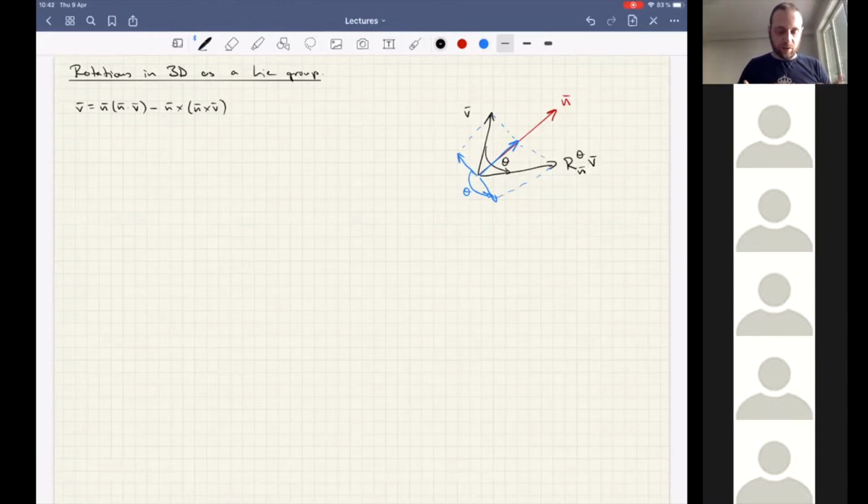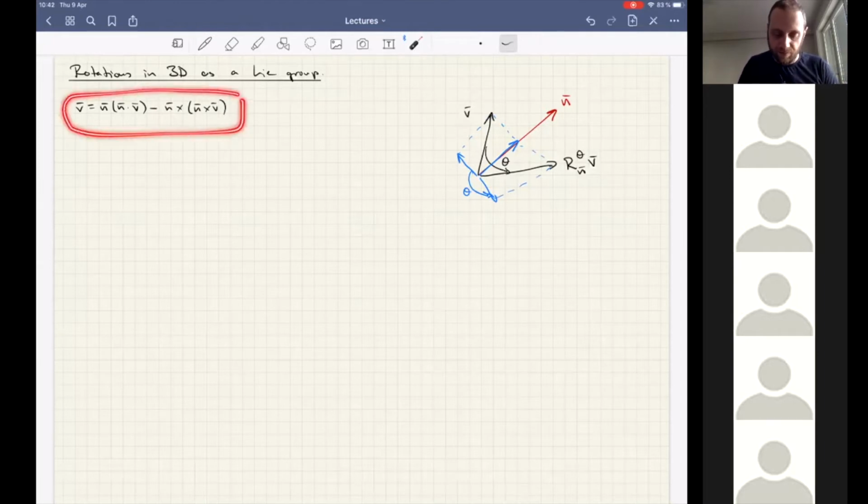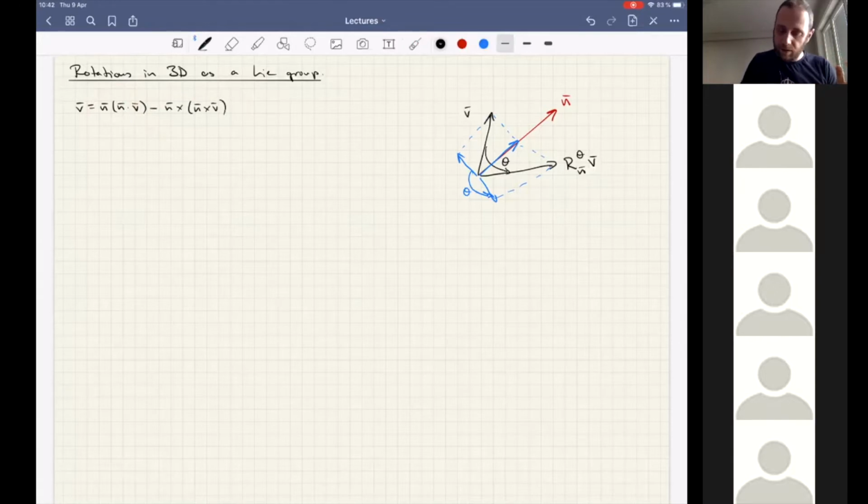You can use the BAC-CAB rule for this cross product to see that this is actually the case. What I want to do is keep this component as it is, while I rotate this component by an angle theta.